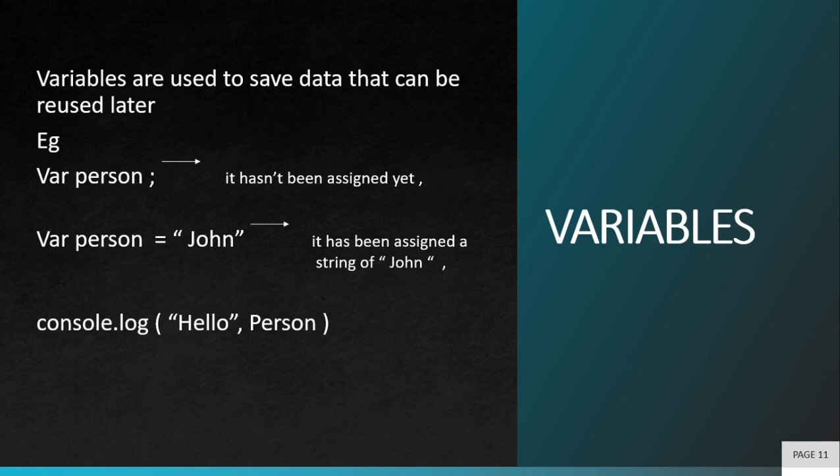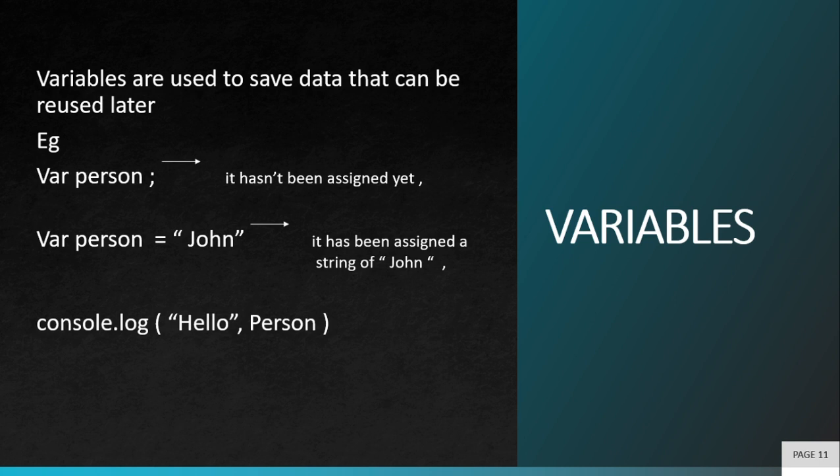If you look at the screen, we saved Mr. John, the John string, inside the person variable. And this is the code syntax for assigning variables, right? Then we used console log to log the string hello and the variable person. Don't worry, we are going to see more of this when we start coding.